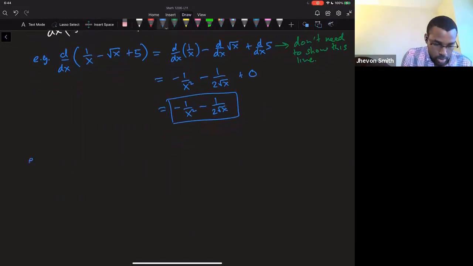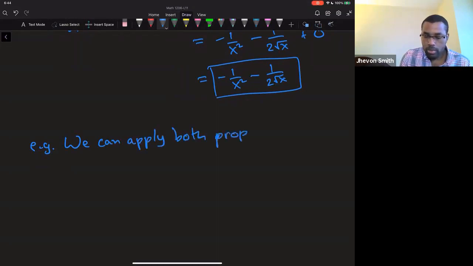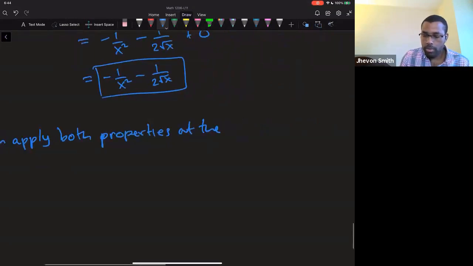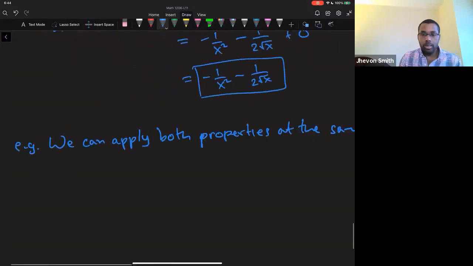There's another example, just about something you should be aware of. We can apply both properties at the same time. So it's not like if you use one, you can't use the other or anything like that.